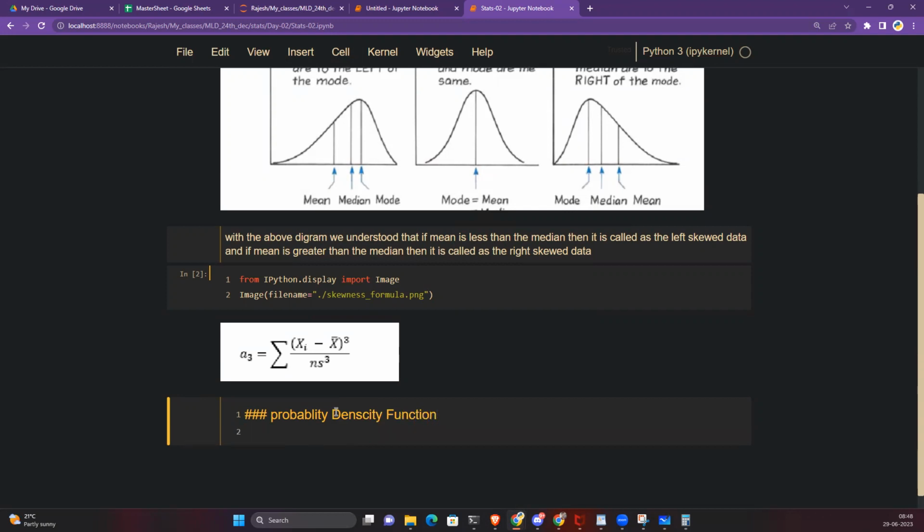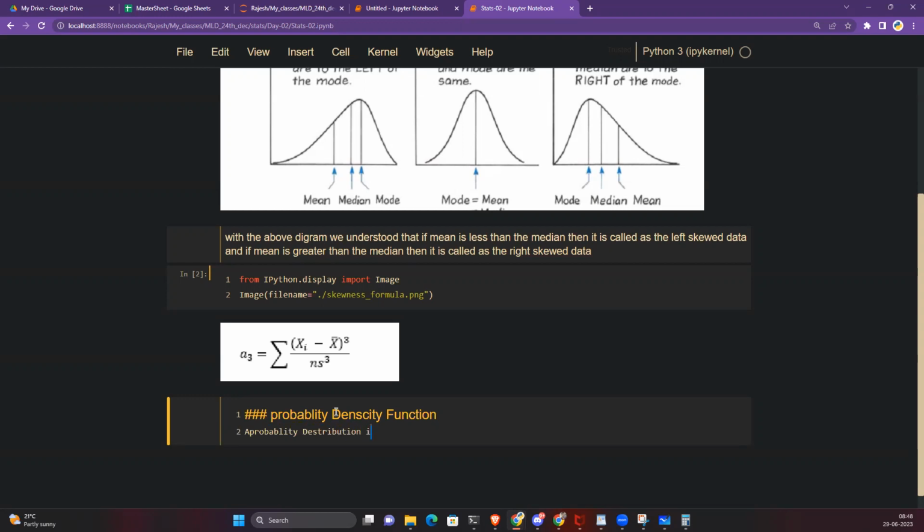So what is the probability density function? A probability distribution or density. Density means how much data is coming.